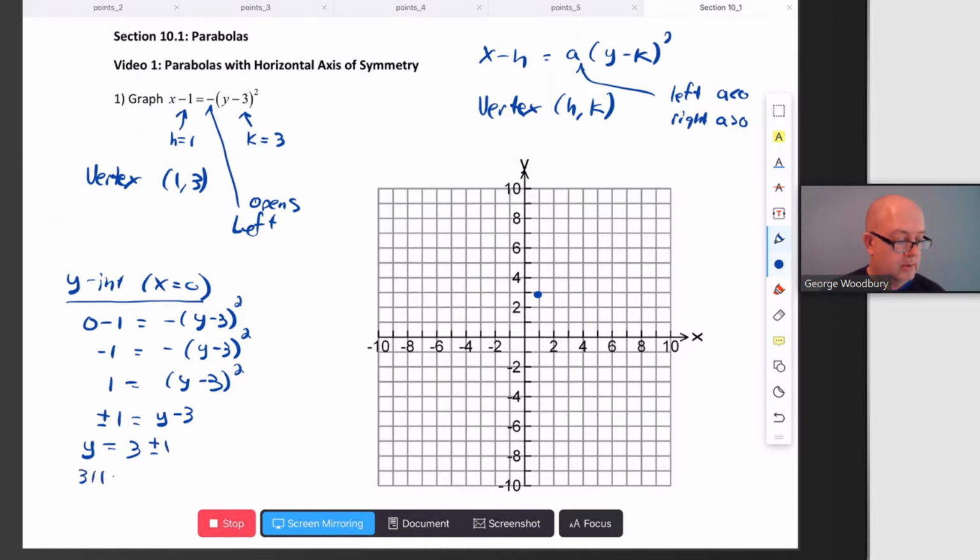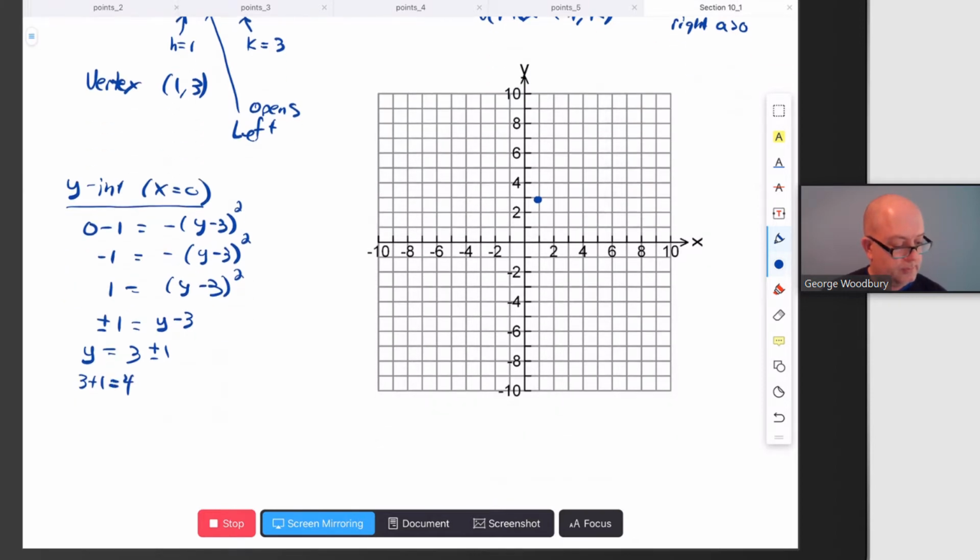3 plus 1 is 4. 3 minus 1 is 2. So it's going to have y-intercepts at 4 and 2.